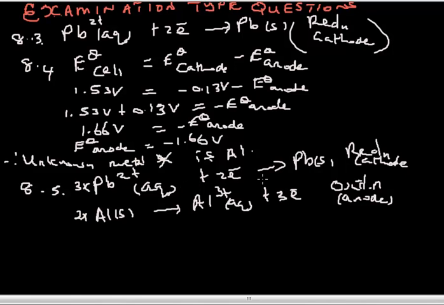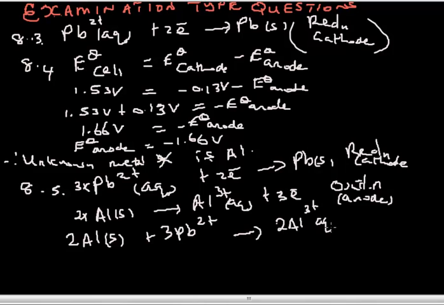And then if we write the overall reaction now, we are going to have our 2 aluminium solid plus our 3 lead 2+ will give us 2 aluminium 3+ in aqueous form, right, plus 3 lead solid.